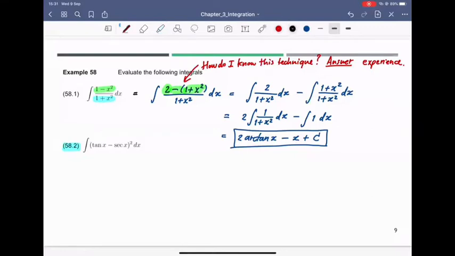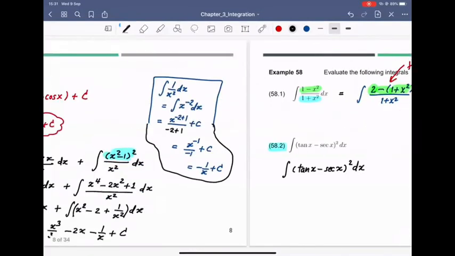We want to integrate (tan x minus secant x) squared. So I'm going to copy the question first. How do I integrate this thing? First of all, I look at my tan x minus secant x. Is it good if I expand this thing?